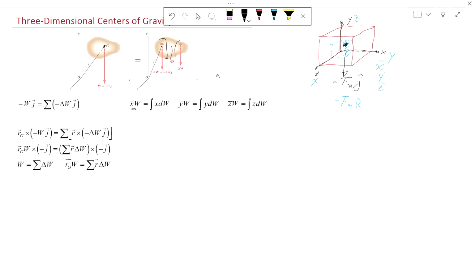Now we're talking about volumes, and you must know the vector r from the origin to the point. Because if you have x, y, and z, r will have coordinates in i, j, and k, and you can even get the magnitude of r by taking the square root of the sum of the squares of each component.